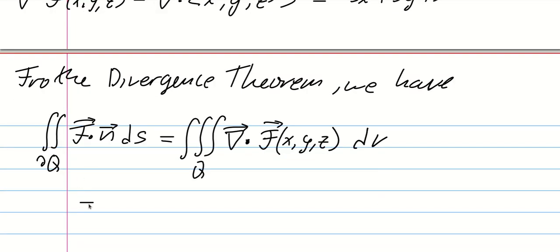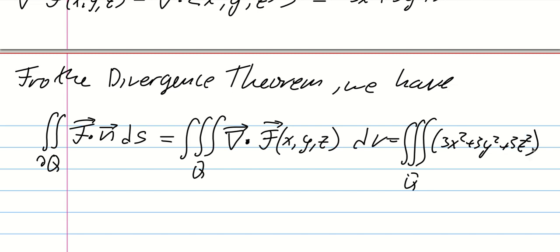So we continue on, we put everything in, so basically we need to find the triple integral over the solid Q of 3x squared plus 3y squared plus 3z squared dV.